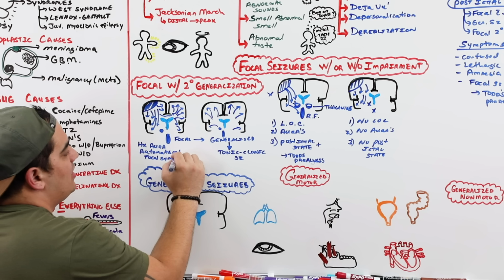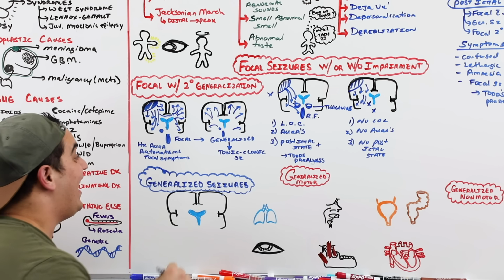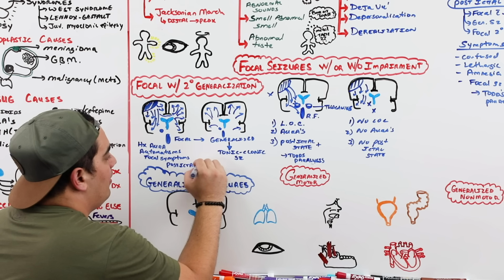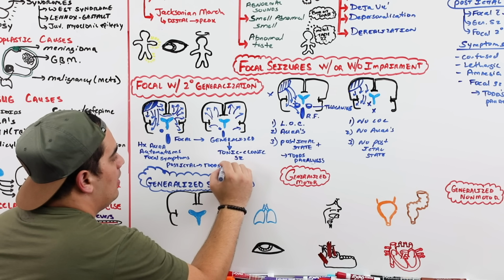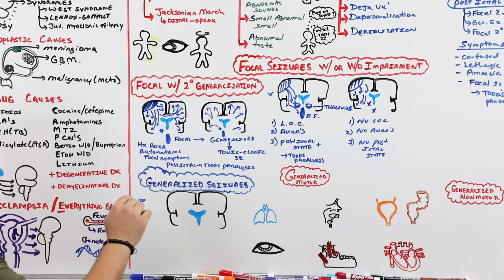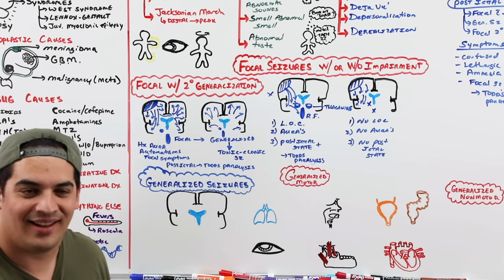In other words, maybe they had some unilateral shaking, their eyes deviating, their head turned to one side, and on top of that, postictal, they have Todd's paralysis. That may clue you in that this was never really a generalized seizure from the get-go. It was a focal seizure that secondarily generalized.